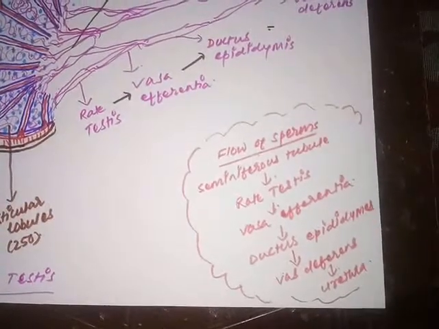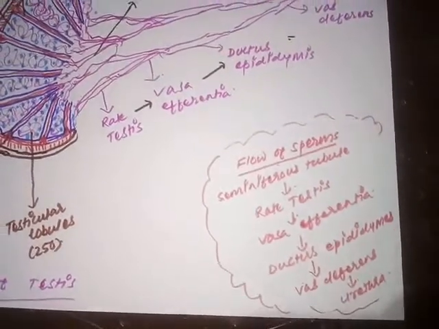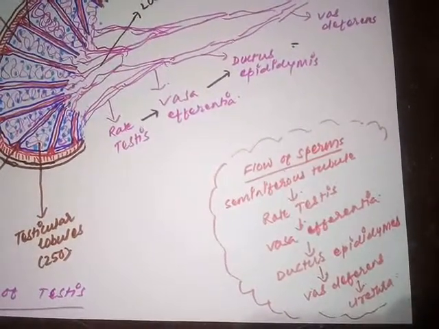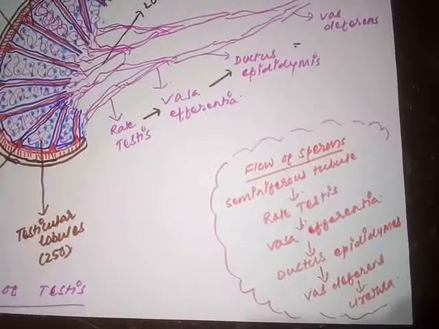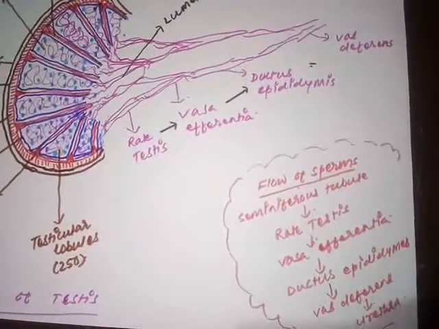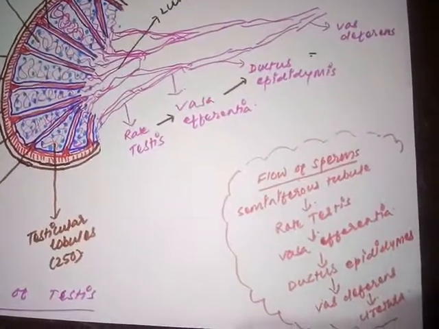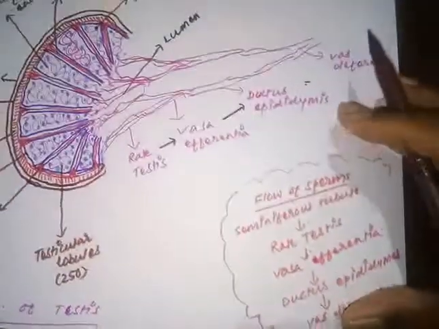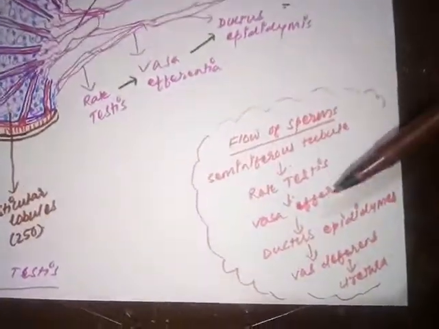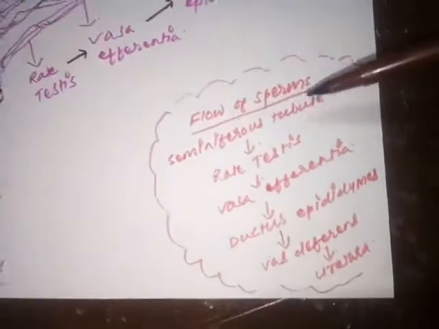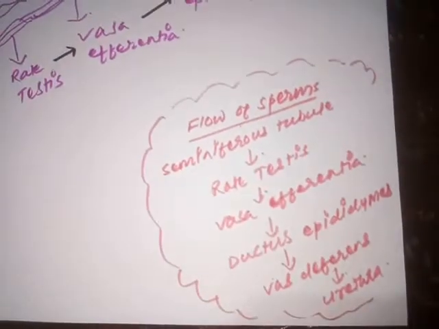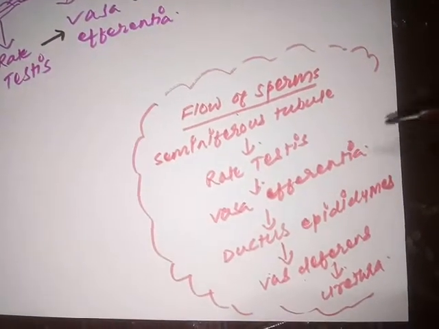They ask you to trace the pathway, with some structures missing or rearranged, and you need to arrange those structures. If you have this diagram very clear with you, you will not have any problem. The seminiferous tubules are the structures where the sperm is produced.